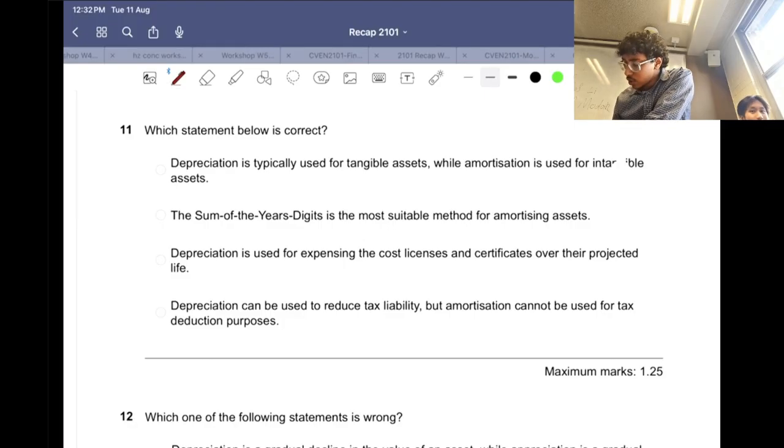Depreciation can be used to reduce tax liability, but amortization cannot be used for tax deduction purposes. So yeah, this is very niche module 9 stuff. So anyone have a go at this? A. So depreciation is typically used for tangible assets. That is correct. That statement itself is directly from the course. One of the lecture slides literally has that statement, I'm pretty sure. So yeah, it's just a true or false thing.